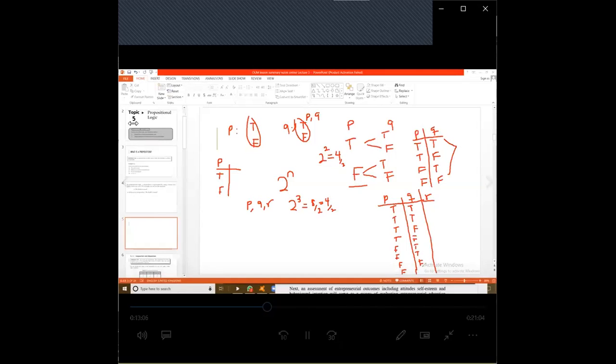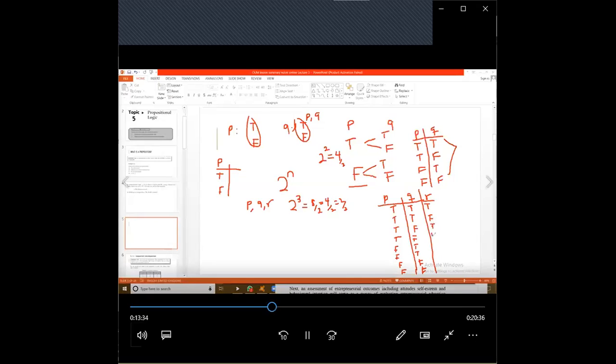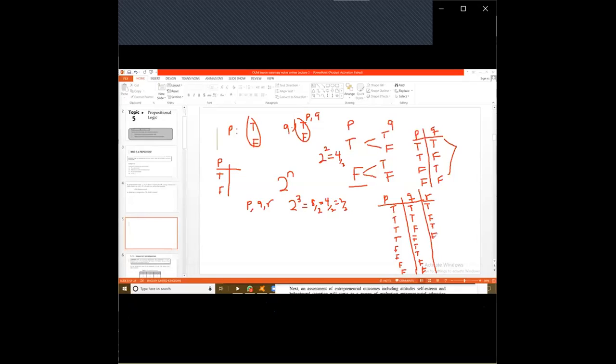Then once you divide by 2 again, this is 2, right? So once you divide by 2, we are going to have 1. So then you write true, false, true, true, false. Then it follows like that, true, false.